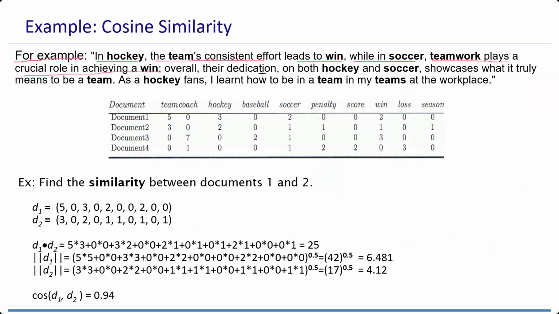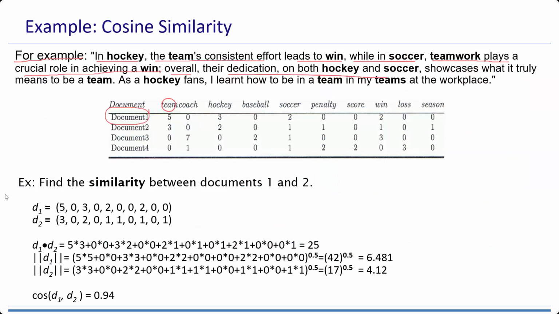All their dedication, and so on. Now, I want to calculate the important keywords in this document. So the important keywords, I will put into columns. So let's say this is document one.